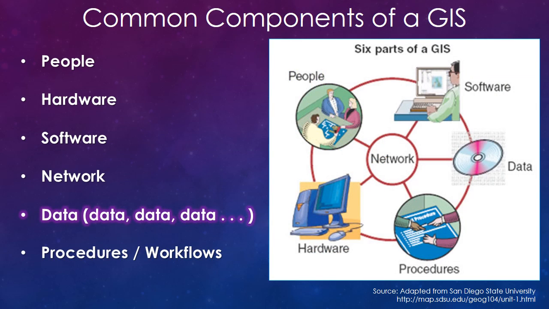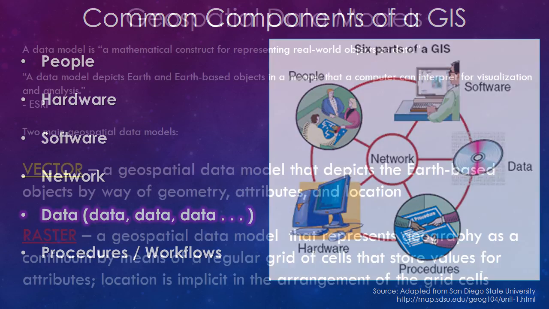In the field of GIS and GI science, there are 5, sometimes 6, commonly identified components to the system: people, hardware, software, a network, data, which, as emphasized, is almost always the primary factor determining the particular type of analysis that can be performed, and procedures or workflows, sometimes referred to as applications. The remainder of this module will focus on geospatial data.